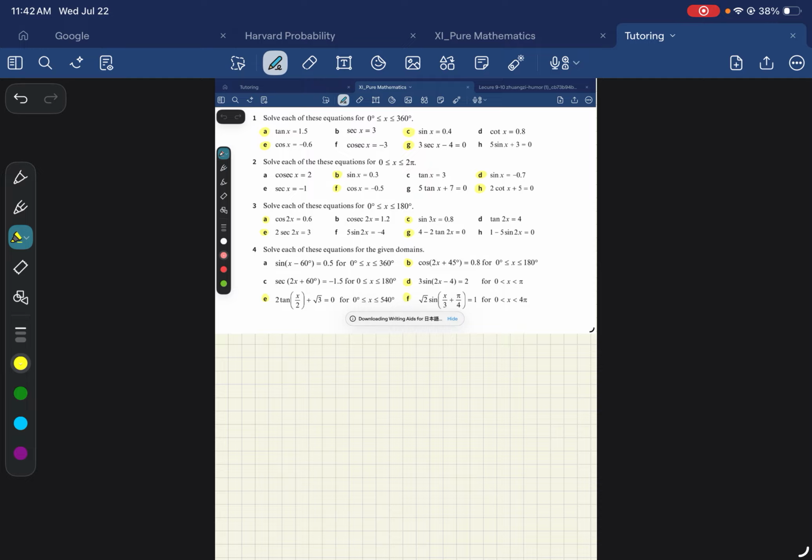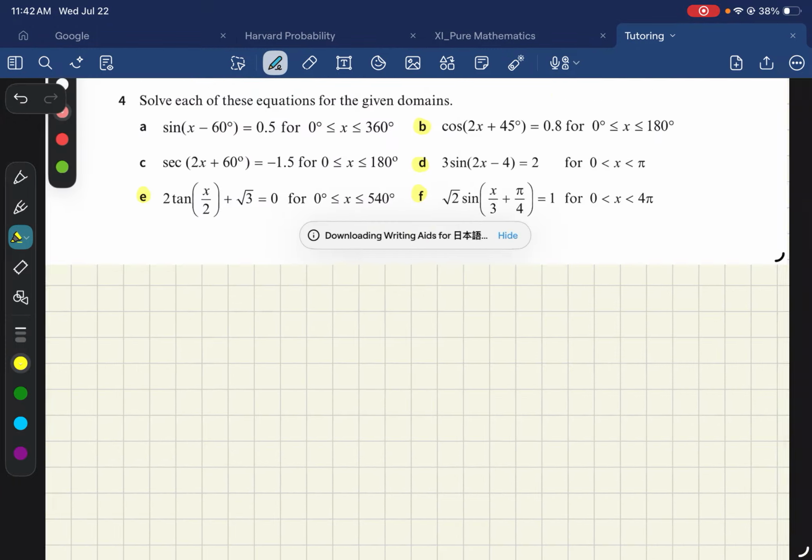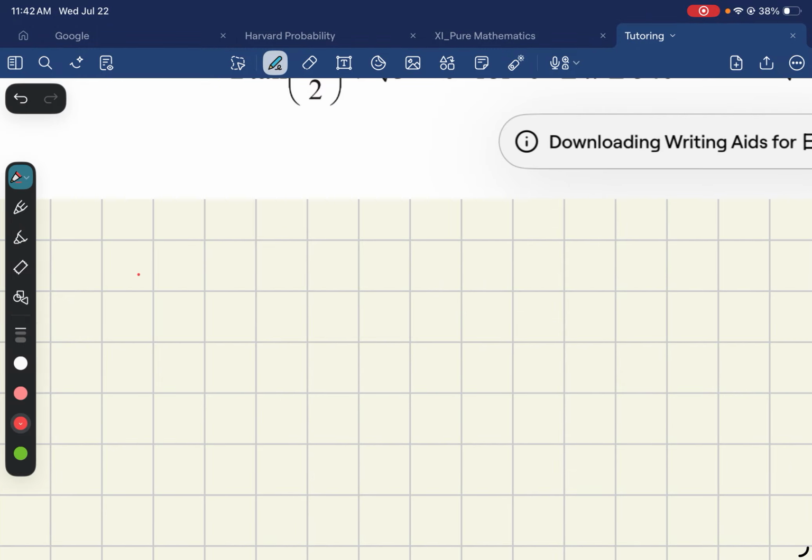So when we solve trigonometric equations, first of all, you need to watch out for the domain restrictions. So that is going to be number one. Number two, you need to remember your quadrants.